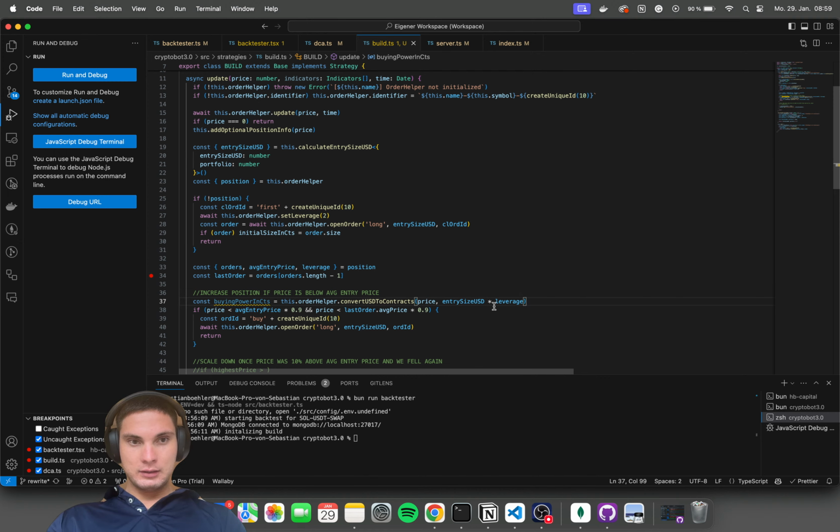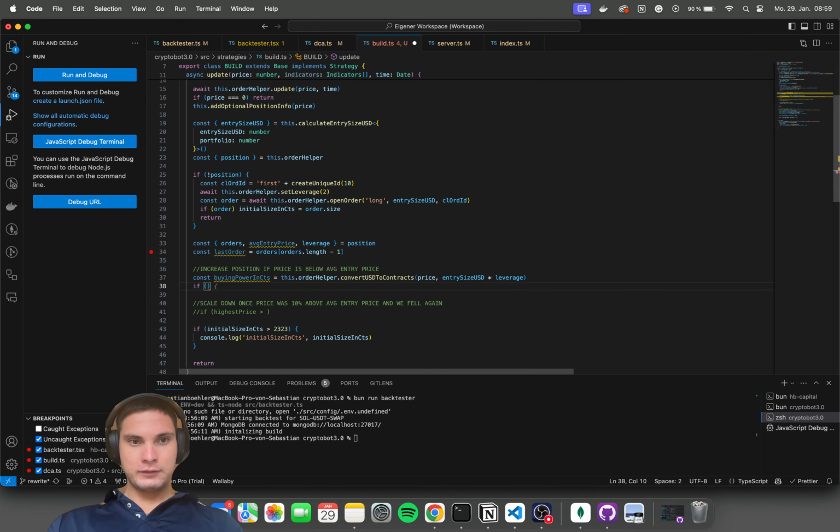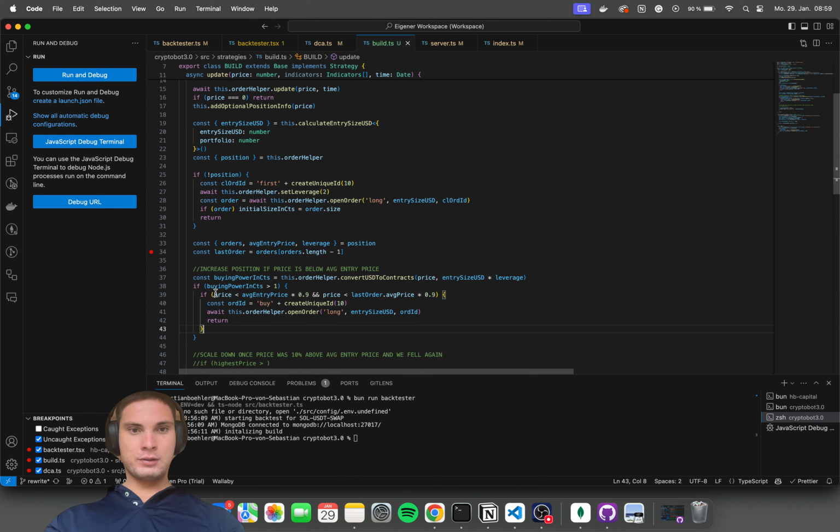We can wrap all buying things in: if buying power in contracts has to be bigger than 1. If we can't buy one contract, we won't trigger the open order logic.